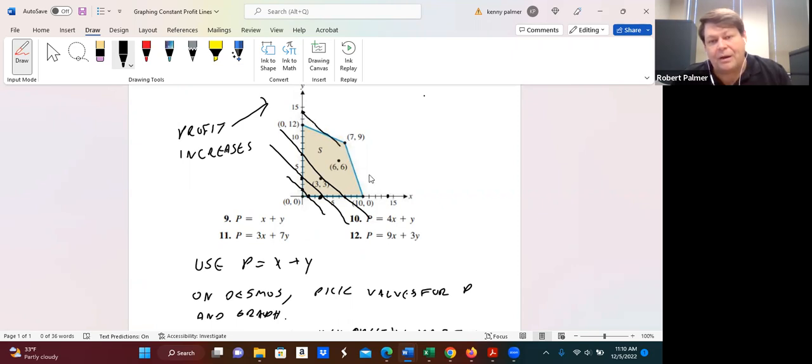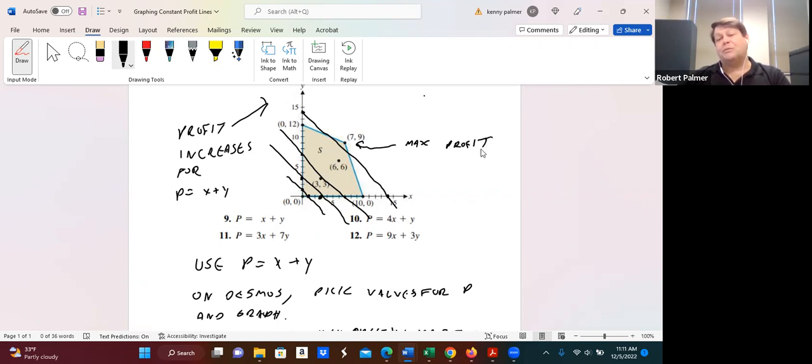If I can draw a straight line, not that good, but you get the idea. So what that tells us for this particular function, P is equal to x plus y, is that profit increases in this direction, and this point here at 7 gives us our maximum profit for this particular profit function.